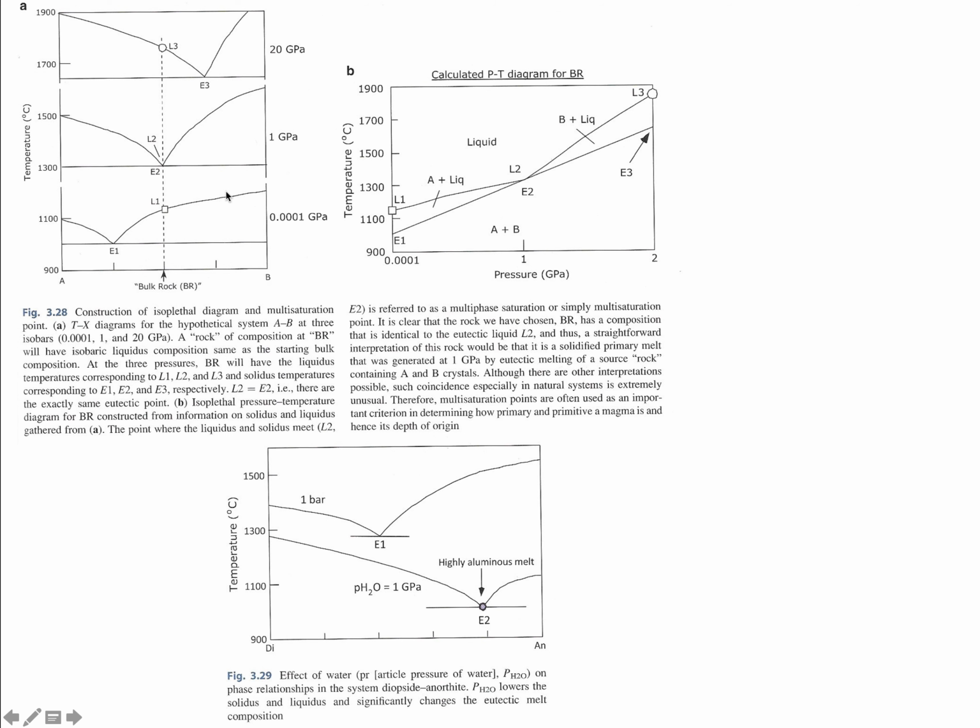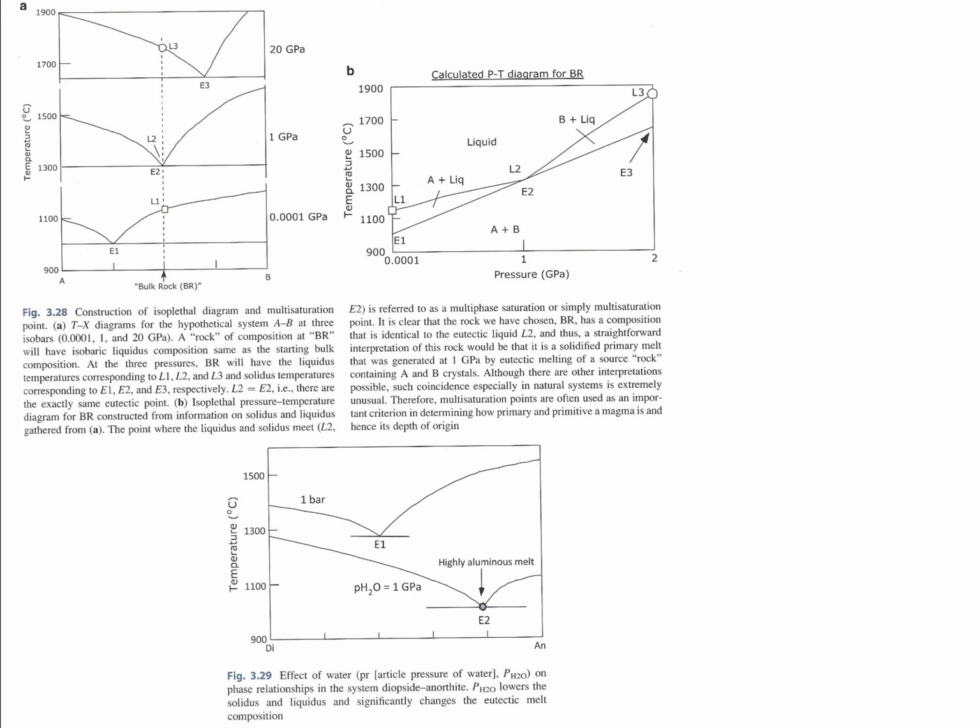If you are increasing the pressure from 0.0001 gigapascal over 1 gigapascal to 2 gigapascal, then our eutectic points will move along the bulk rock system between A and B. At 1 gigapascal, the eutectic point will be exactly at the same place where our bulk rock composition is.